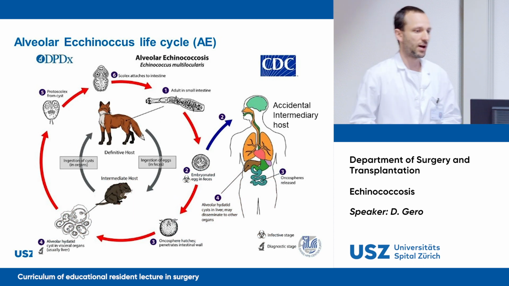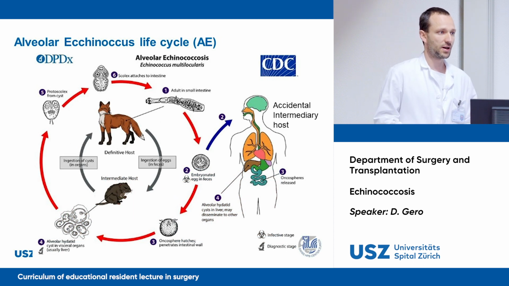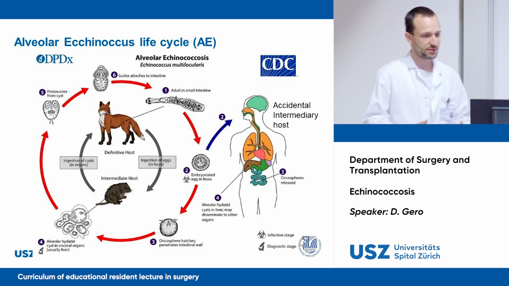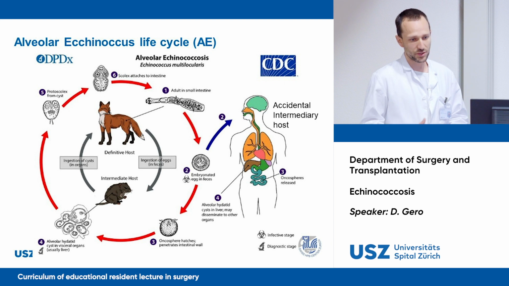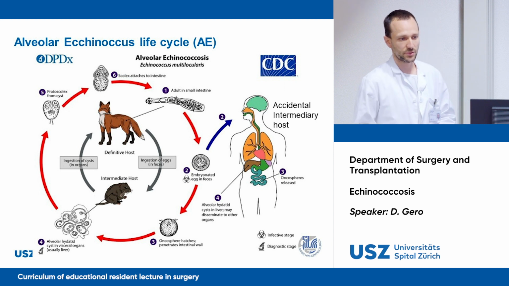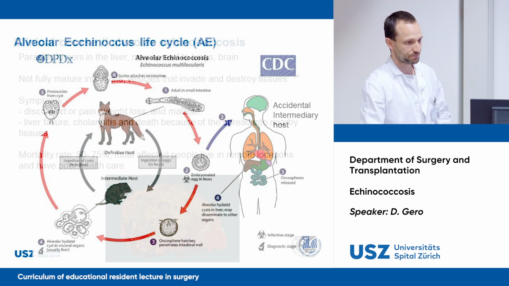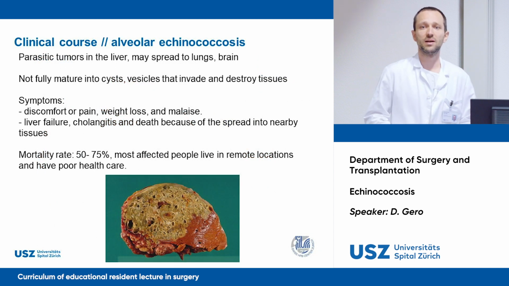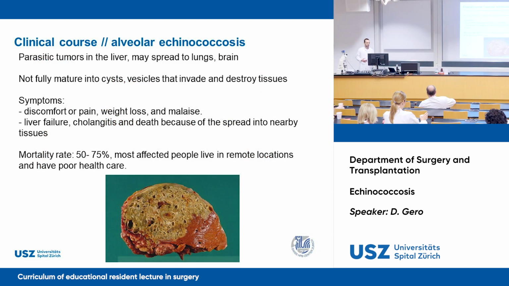The life cycle of alveolar echinococcosis is also similar. It's a zoonosis. It needs intermediary hosts. Here the host is the red fox. And again, humans can become accidental intermediary hosts by fecal-oral transmission. The clinical course of alveolar echinococcosis is more comparable to a tumor. It's a parasitic tumor of the liver, which spreads to the neighboring organs.